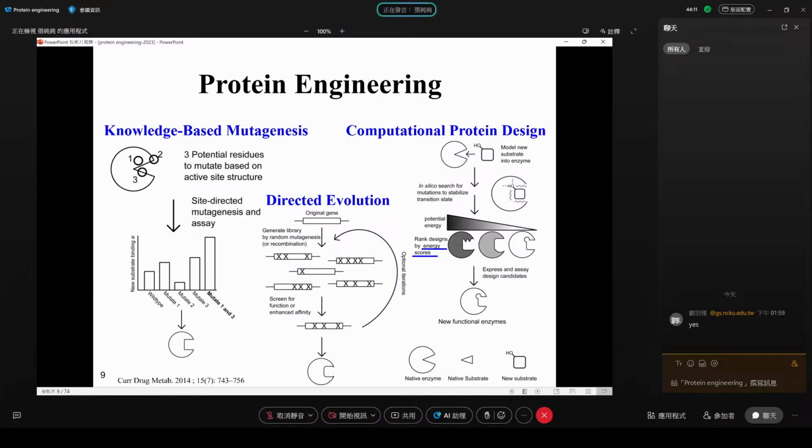Then directed evolution is like Francis Arnold. After the first successful experience, they started to have a more heroic way to do mutagenesis. They don't care about specific mutant residues or interesting domains anymore.